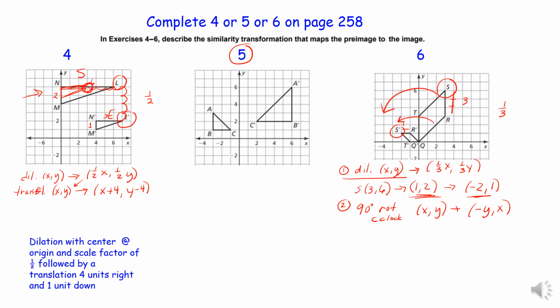So now I have my 2 movements. You guys can go ahead and try to finish the description for 6 or do number 5 from the beginning. Just push pause and give yourself a couple of minutes to look at that. When you're done, we'll look at the answers, and then you'll be ready to go.